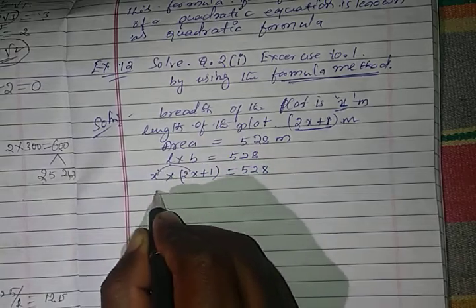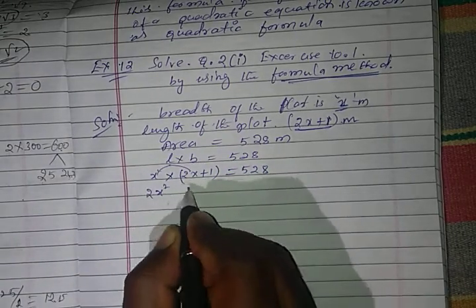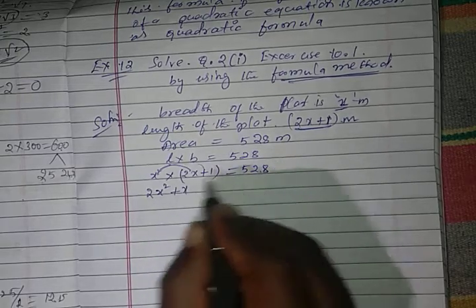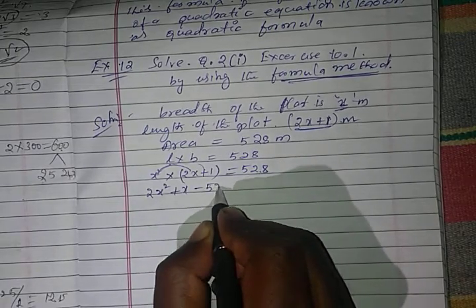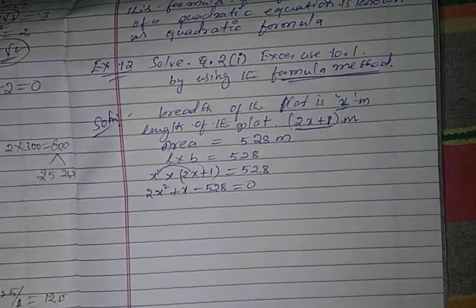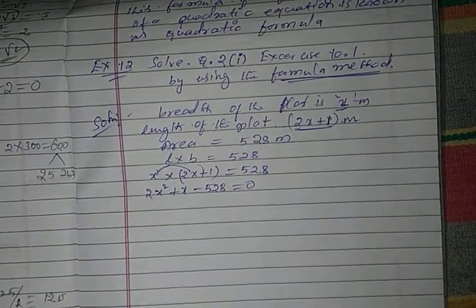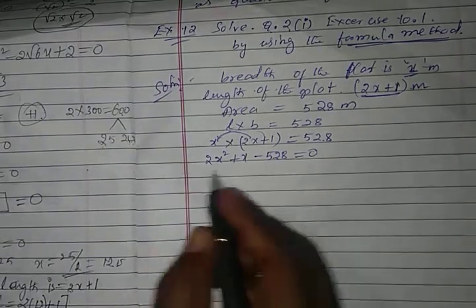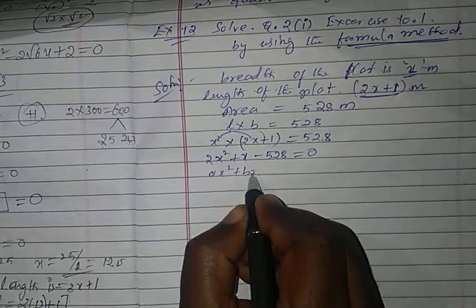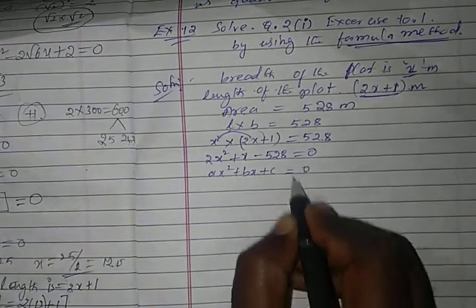x into 2x is 2x square. Again x into 1 is plus x, and 528 moves to the left, becoming minus 528 is equal to 0. Now this is in the form of ax square plus bx plus c is equal to 0.